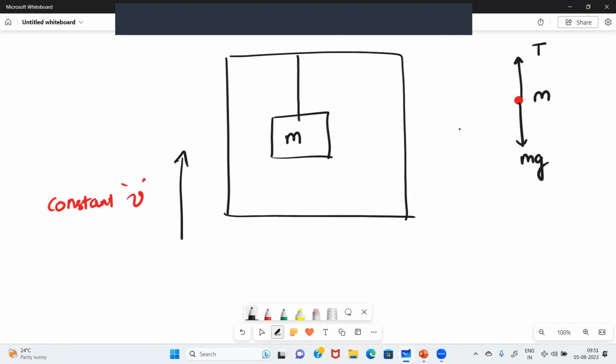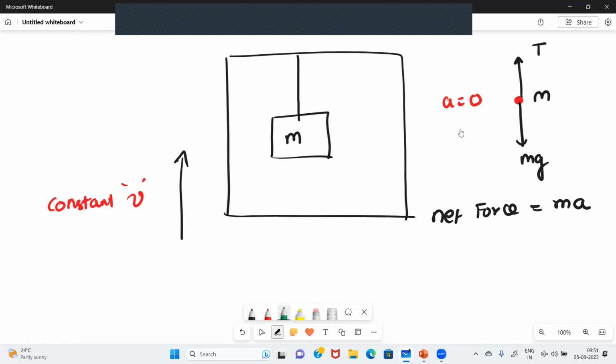Okay, so mg acts downwards, tension acts upwards. But the important point to note here is that velocity is constant. Therefore, acceleration a is 0. Net force is equal to m into a.